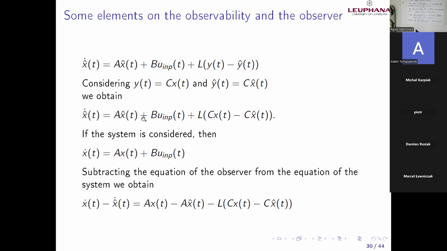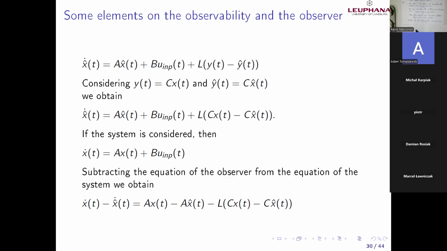The observer can be considered also here, because y is C times x and y hat is C times x hat. Again, if I do this minus this, I will obtain this. Clear, no?